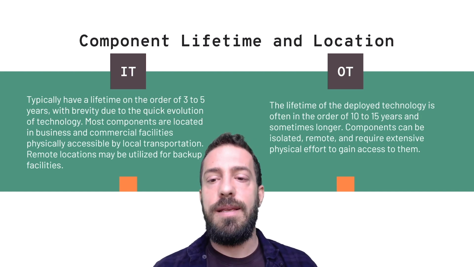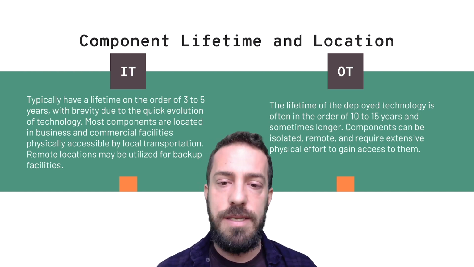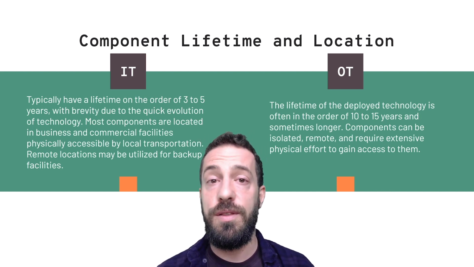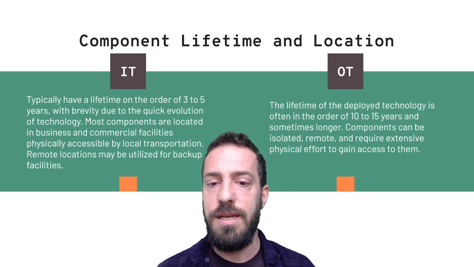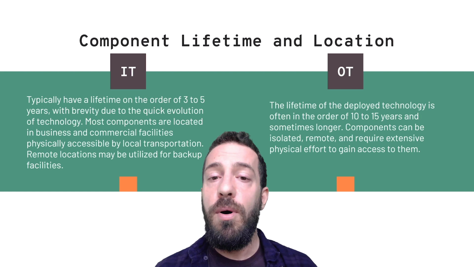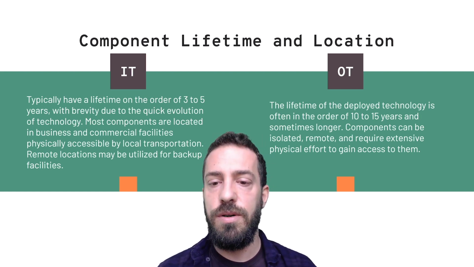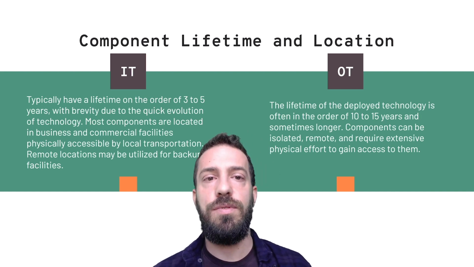In the OT side, when you install something, you expect it to run for many, many years. The slide here says 10 to 15, but it's not that uncommon to see 20 or 30 years of lifetime of deployed technology. The components may not be close to you. You may have a remote substation, so you may not be able to easily access and change them. You may have to drive.